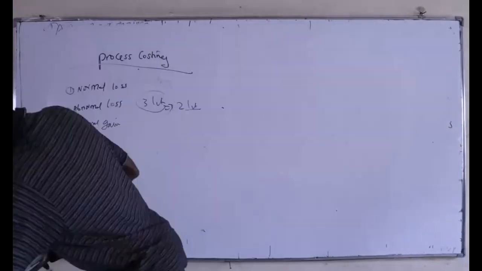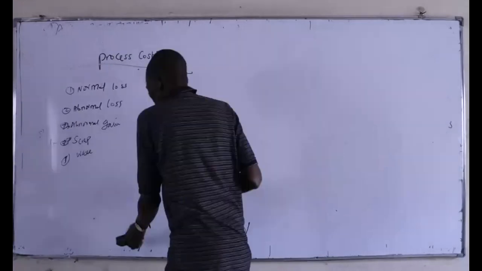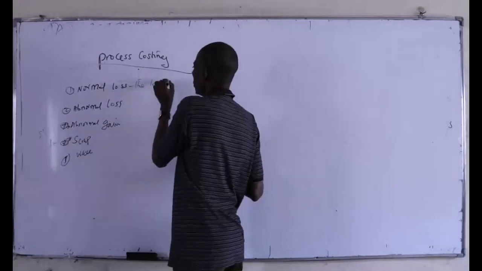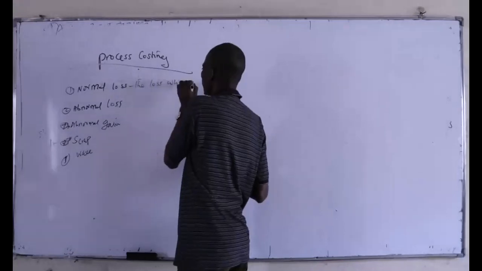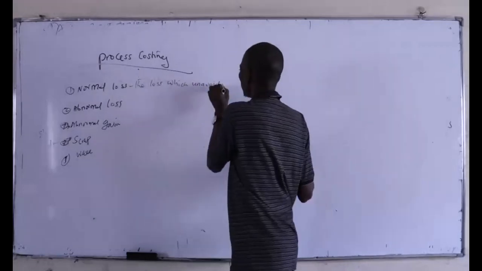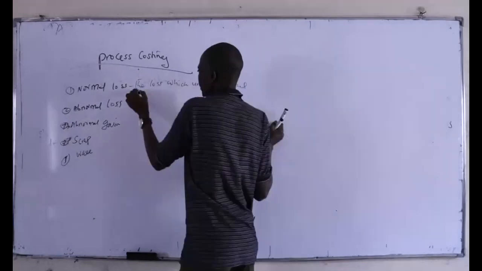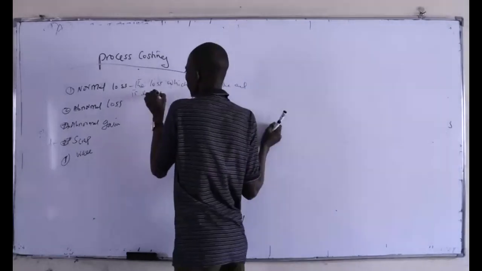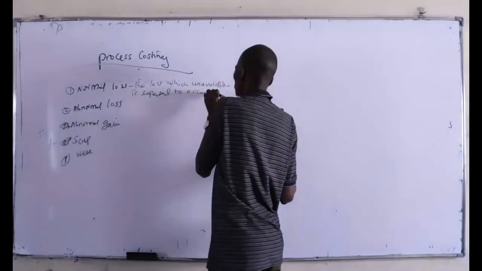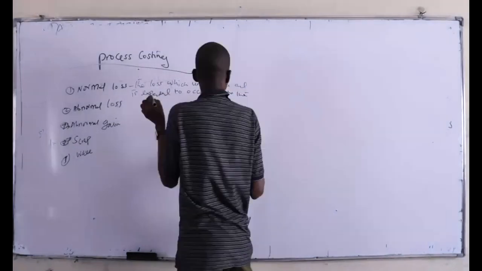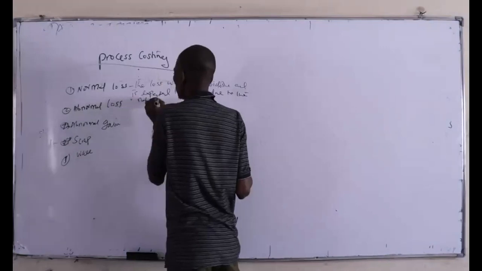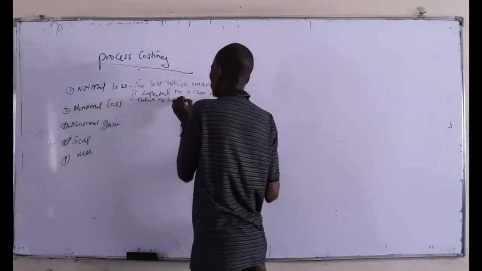units which are expected. It is the loss which is unavoidable. You cannot avoid it, and it is expected to occur due to the nature of the production process.